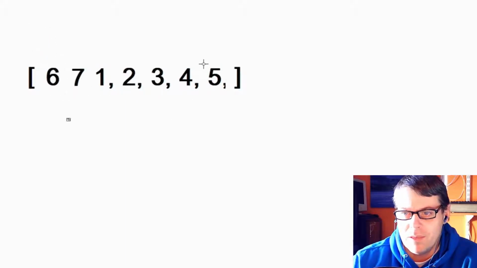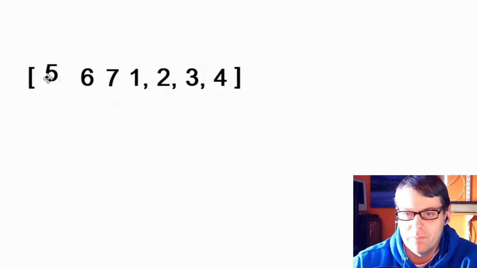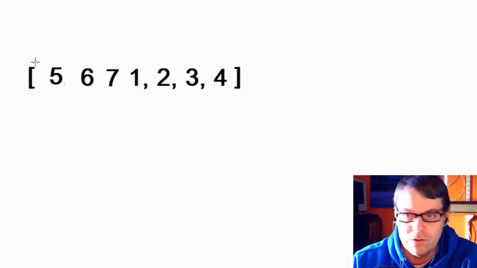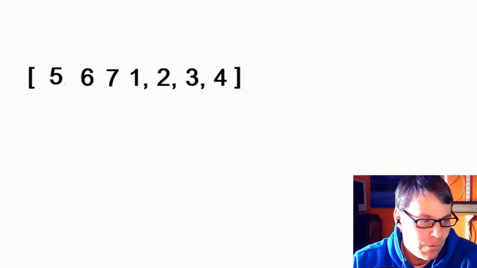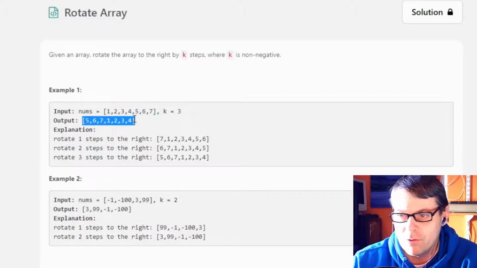That would be 2 steps, and 3 steps we're moving the next one. So the answer of 1, 2, 3, 4, 5, 6, 7 rotated 3 steps is 5, 6, 7, 1, 2, 3, 4. And that corresponds with the answer they're giving there.